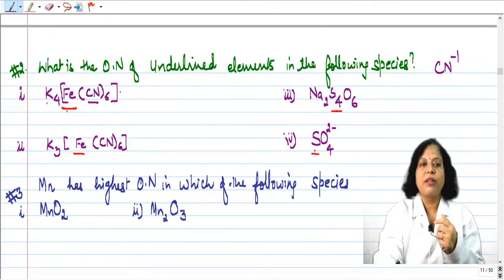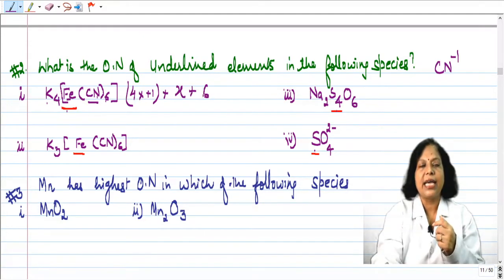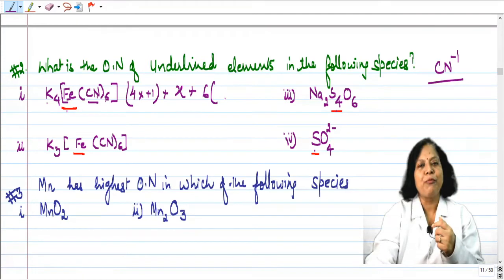So this will be what? 4 into +1 for potassium, plus X, plus how many cyanides are there? 6, and each is having how much charge? -1, is equal to 0.